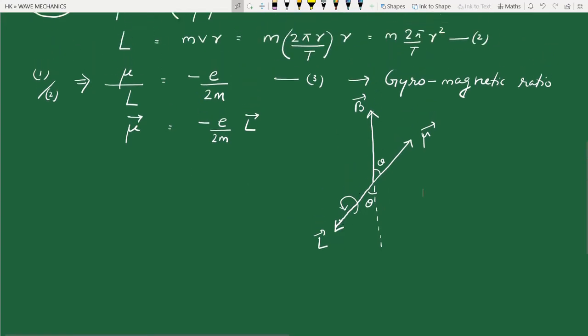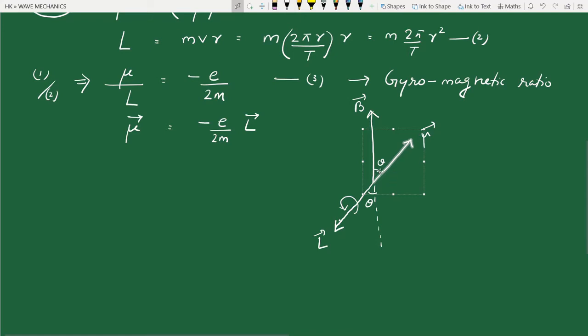When you apply an external magnetic field, this magnetic dipole moment interacts with the magnetic field, and the atom will gain some potential energy. The effect of this interaction is that this dipole moment will be oriented with respect to the field direction in certain particular angles or orientations.